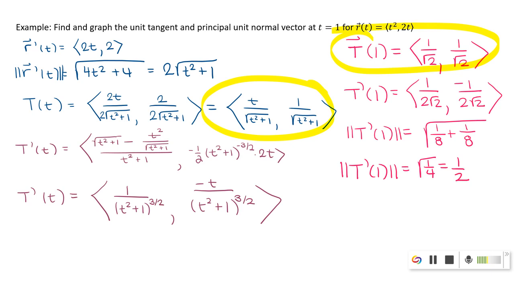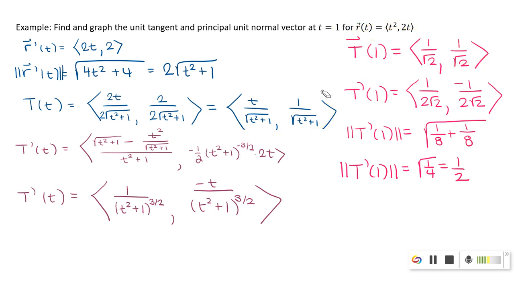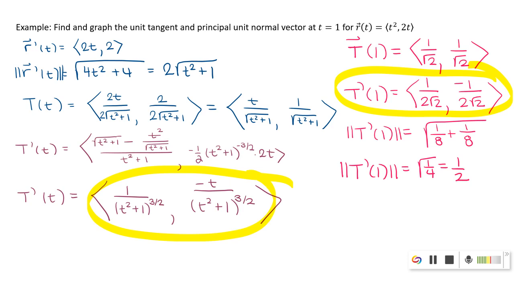And then to find my unit normal vector, I'm going to take T prime of 1 and divide that by its magnitude. So I took t equals 1 and plugged that into T prime, and I got 1 over 2 to the 3 halves. I decided to write that as 1 over 2 root 2. And then the y component was negative 1 over 2 to the 3 halves, or 2 root 2.